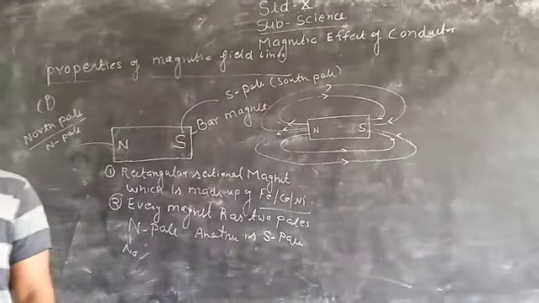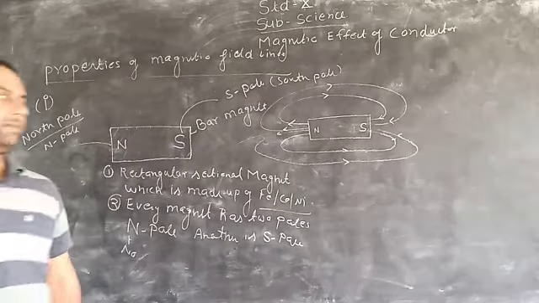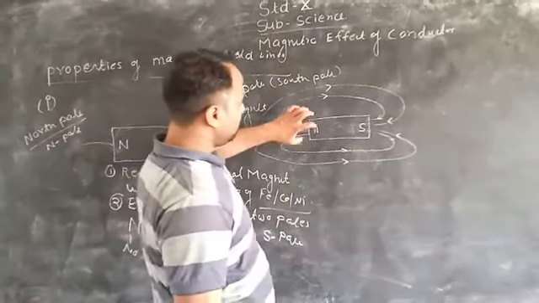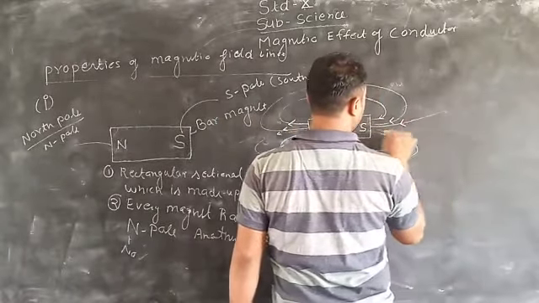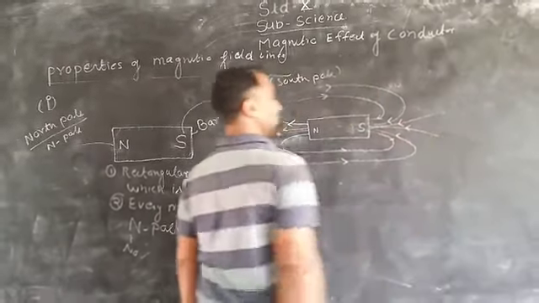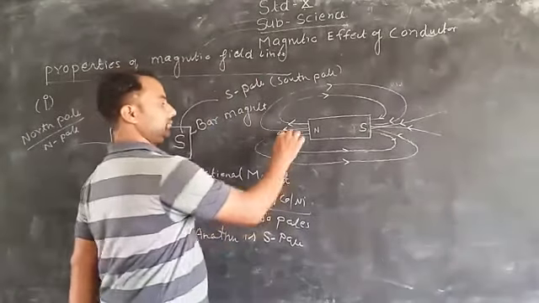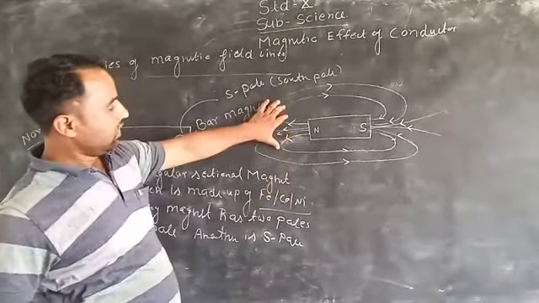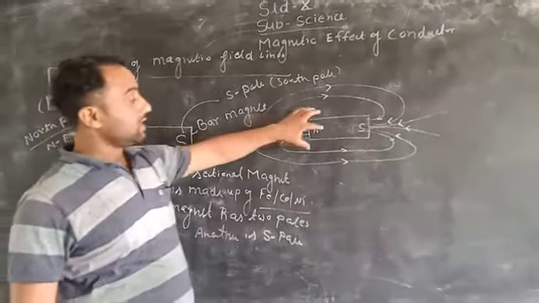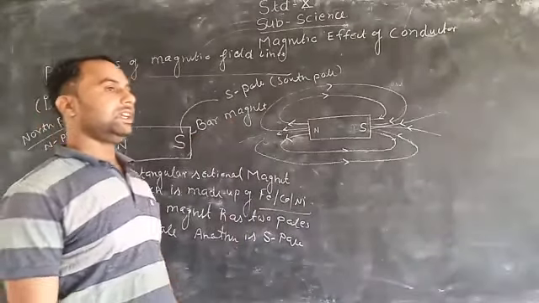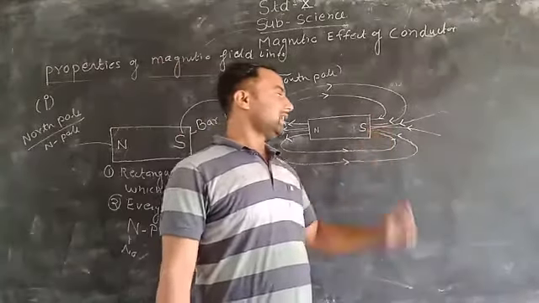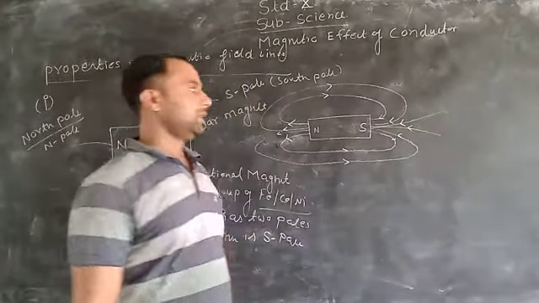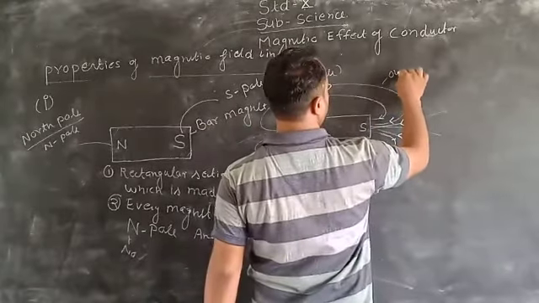The arrow of the field lines is always away from the north pole because the magnetic field lines originate from the north pole, and they enter the south pole outside the magnet.